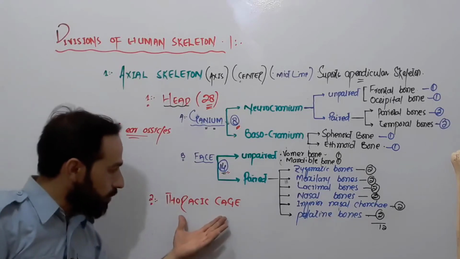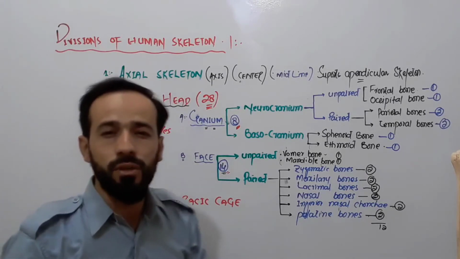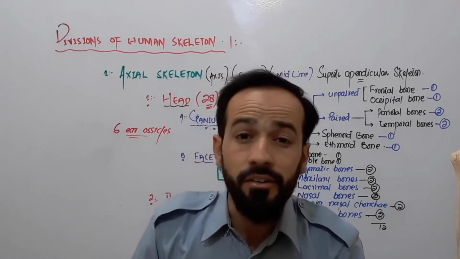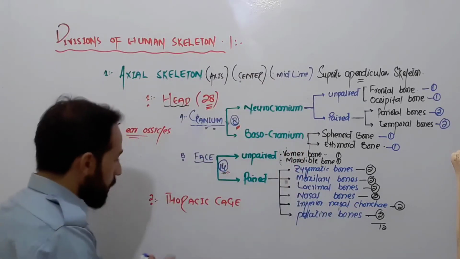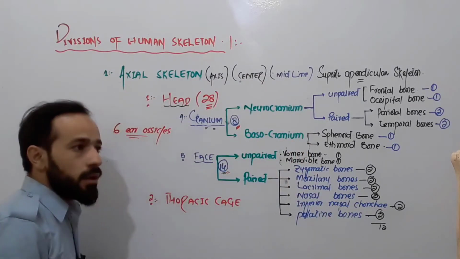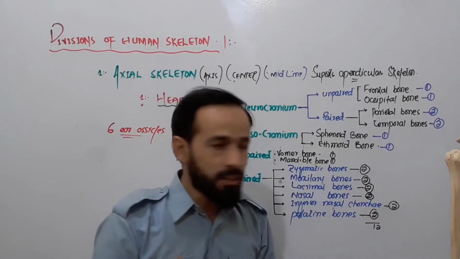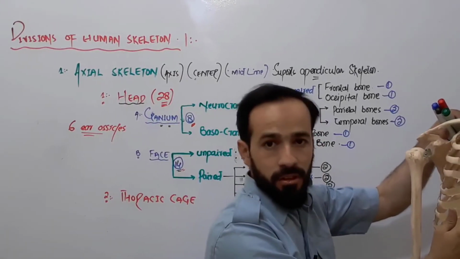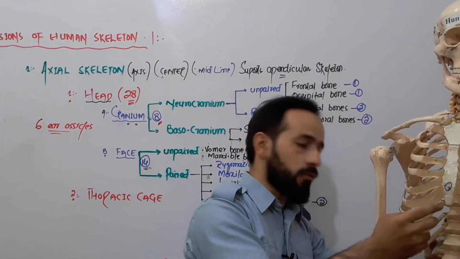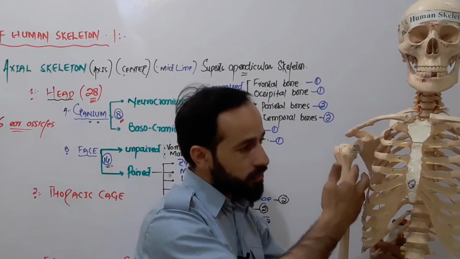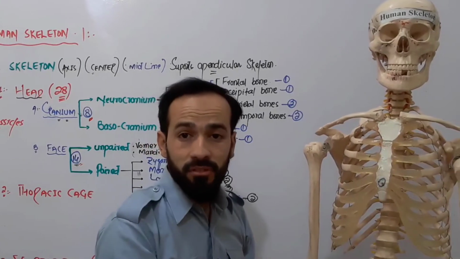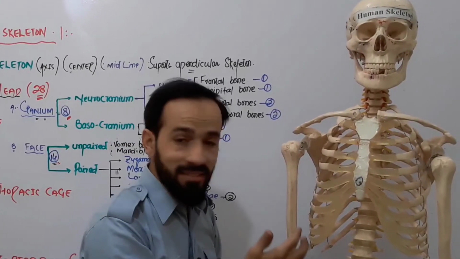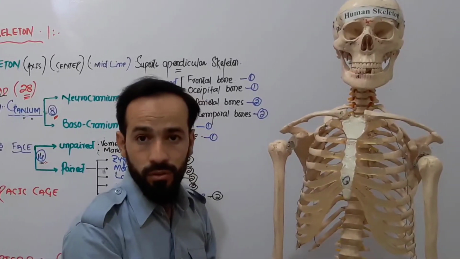Now let's go towards your thoracic cavity or thoracic cage and its bones. Look carefully. Your thoracic cage is made by what? It is made anteriorly by your sternum and posteriorly by your vertebral column. And what is used? The ribs or thoracic bones are used, right?